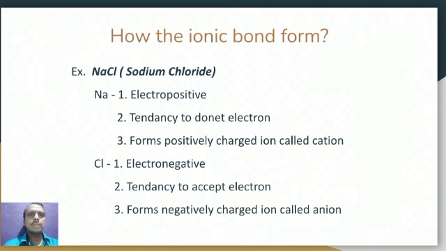That means sodium is an alkali metal while chlorine is a non-metal, and sodium is electropositive in nature. Electropositive elements have a tendency to donate electron, which forms a positively charged ion called a cation, while chlorine, which is an electronegative element, has a tendency to accept electron, which forms a negatively charged ion called an anion.